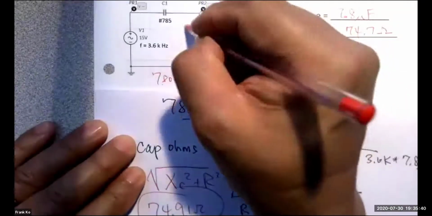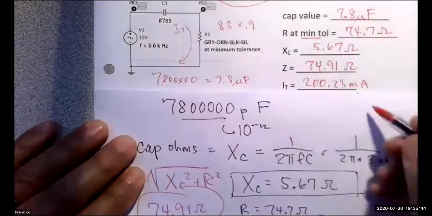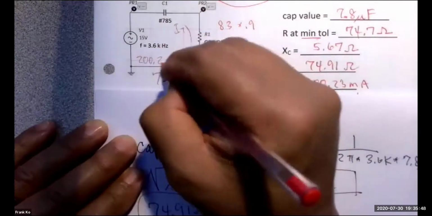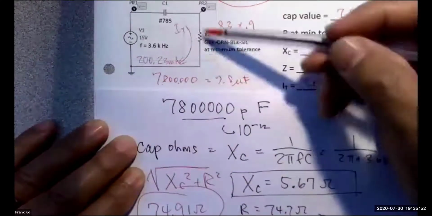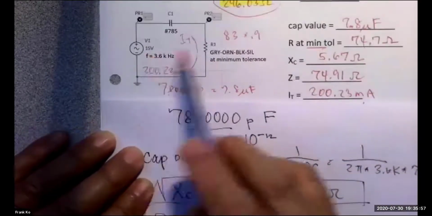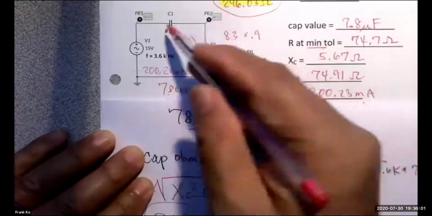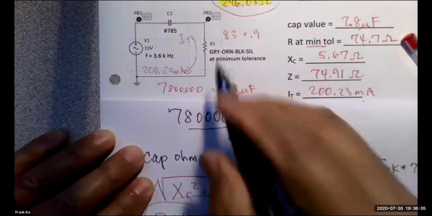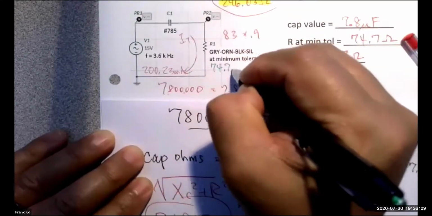Once you know the total current that flows in here, once you know your IT, and IT is 200.23 milliamps. Do I now know the current that flows through the resistor? Do I now know the current that flows through the capacitor? Do each of these have ohms? This guy has ohms. The ohms on the resistor we calculated at 74.7 ohms.